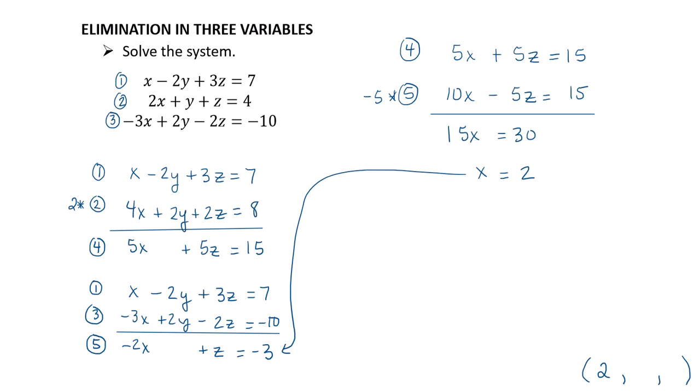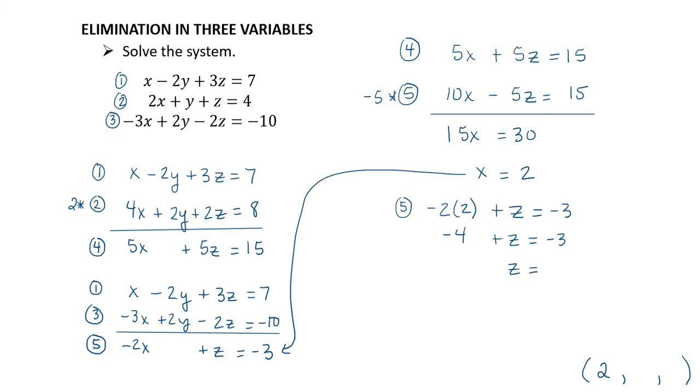That's the only reason. So equation 5, I'm substituting in negative 2 times 2 plus z equals negative 3. Now, negative 2 times 2, you get negative 4 plus z equals negative 3.